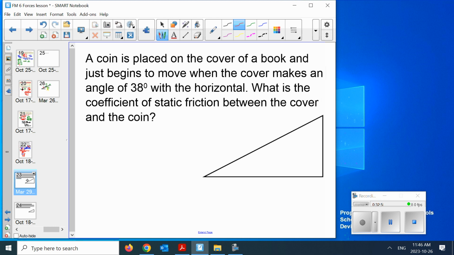So we're going to assume that we're talking about that point where it just about starts to slide, acceleration is 0. So it's the same problem with the horizontal. What's the coefficient of static friction between the cover and the coin? This time you're going to have to find FF and then plug in mu Fn. So it's really the same problem with one extra step.